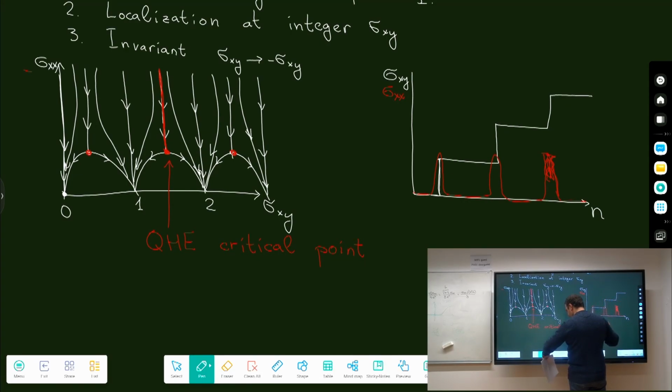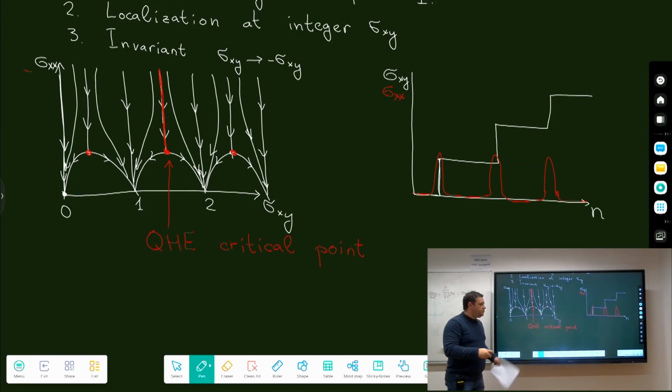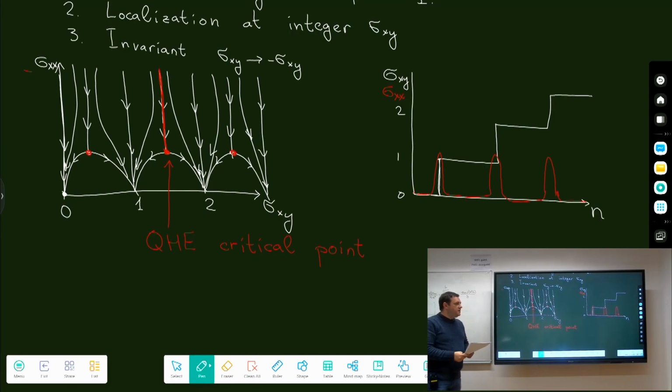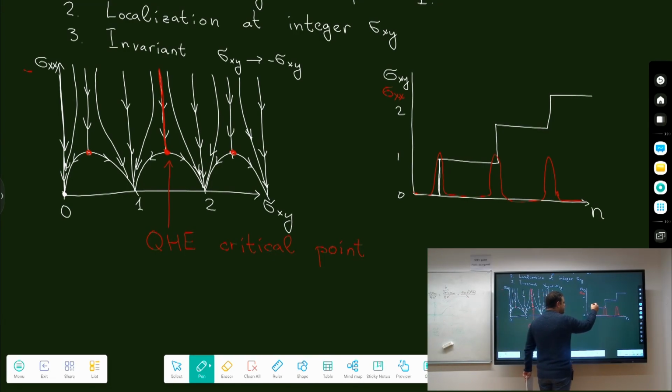So it's a peak around every integer point. These are 0, 1, 2 on the axis of sigma xy. And for sigma xx, there is some finite value of sigma xx at each maximum.